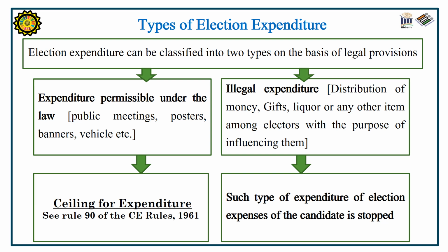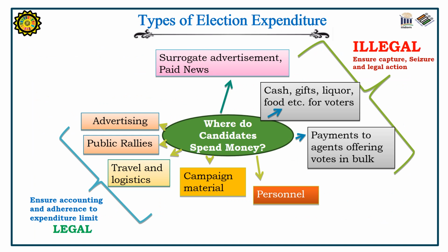Illegal expenditure such as distribution of money, gifts, liquor, or any other item among electors with the purpose of influencing them. We should stop such illegal expenditure. Various types of expenditure under the legal category and illegal category are shown on the screen.